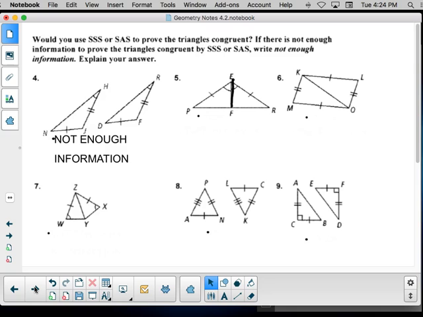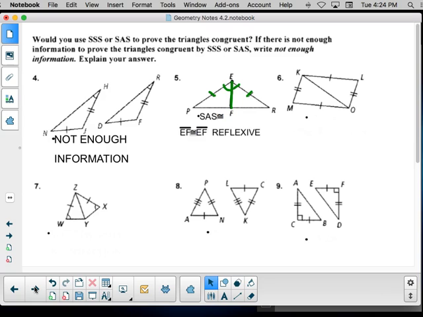In 5, I have EF congruent to itself. So I have a side angle side with a side angle side, and they're corresponding sides. So I got this congruent because of side angle side, and remember, EF is congruent to EF, reflexive property.